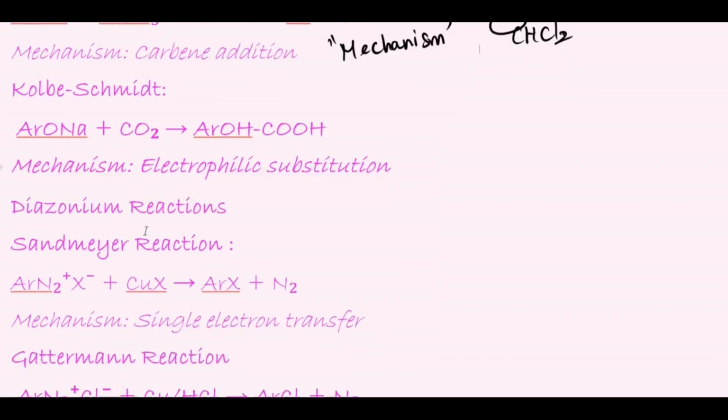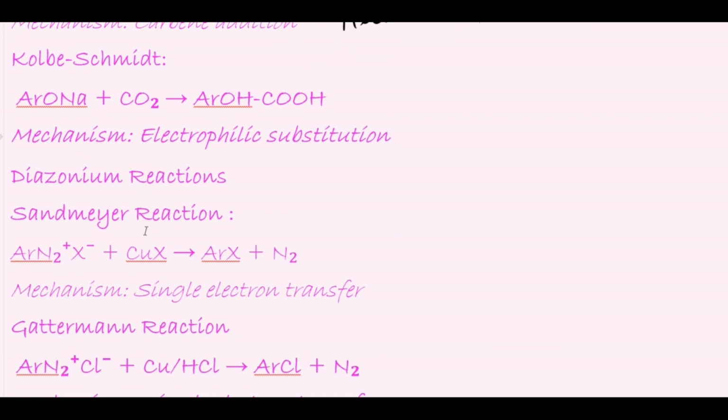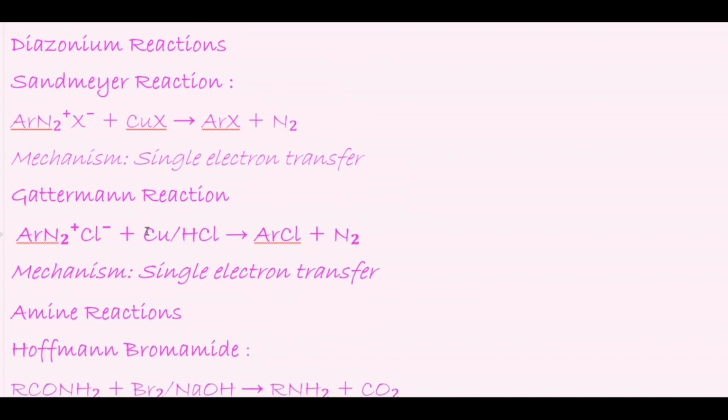Okay, then Gattermann-Koch, that is giving you carboxylic acid again, it is following an electrophilic substitution reaction. Diazonium reactions. In case of diazonium, so many named reactions are there in diazonium salt itself.